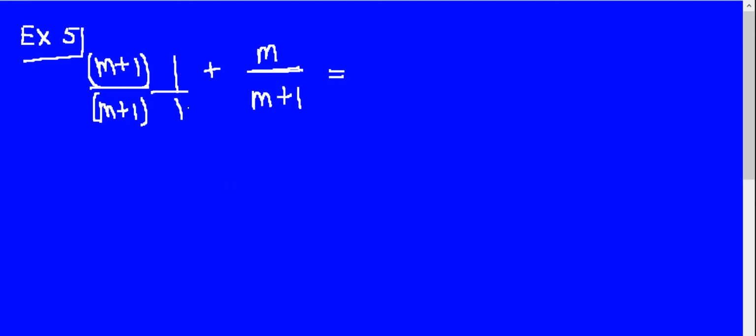So what do I end up with? The left side here is going to be m plus 1 over m plus 1 plus m over m plus 1.